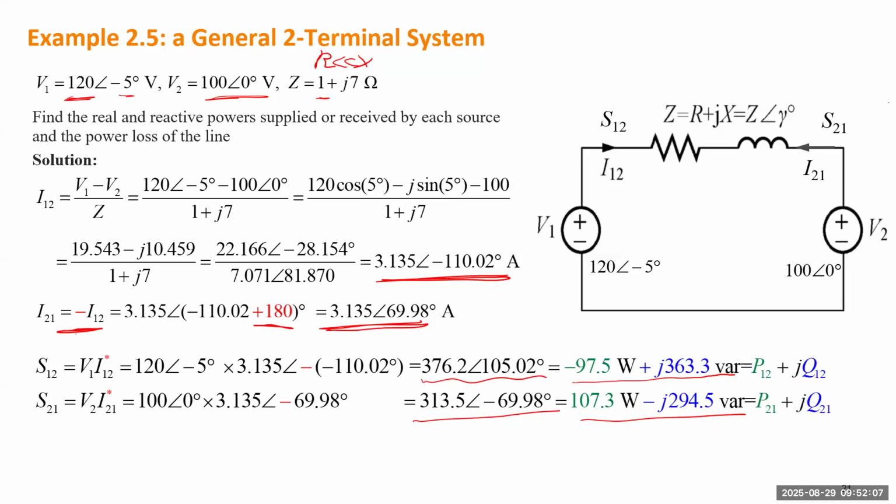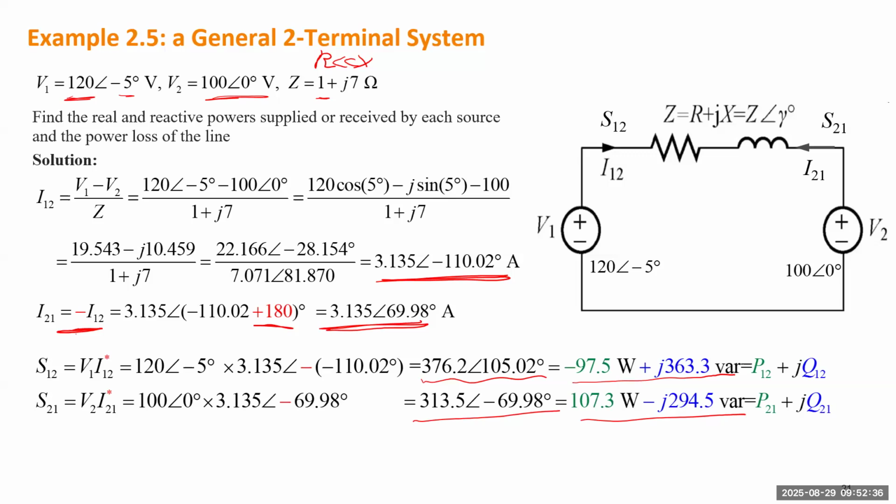And this is negative, this is positive, which means active power is coming from bus 2 to bus 1. Because whatever is leaving bus 2 is 107, and whatever is leaving bus 1 is negative 97, which means 97 is coming to bus 1. So the gap, if you ignore the negative sign, is about 10. The 10 watts will be lost along the line due to the resistance.